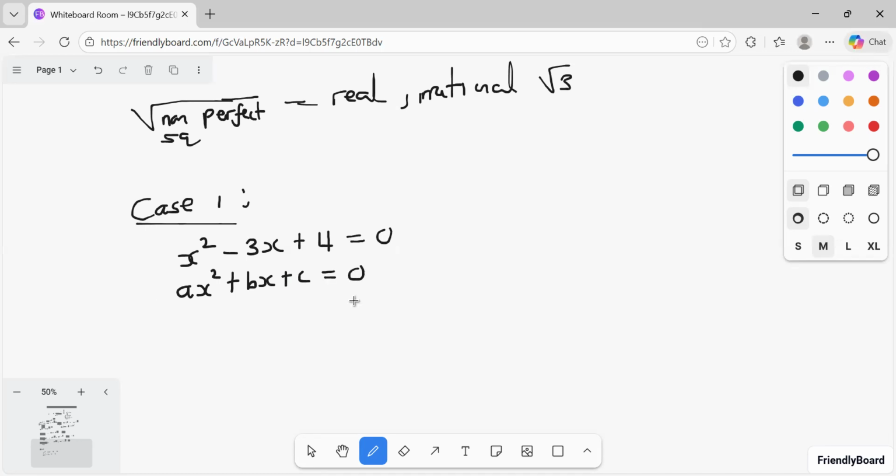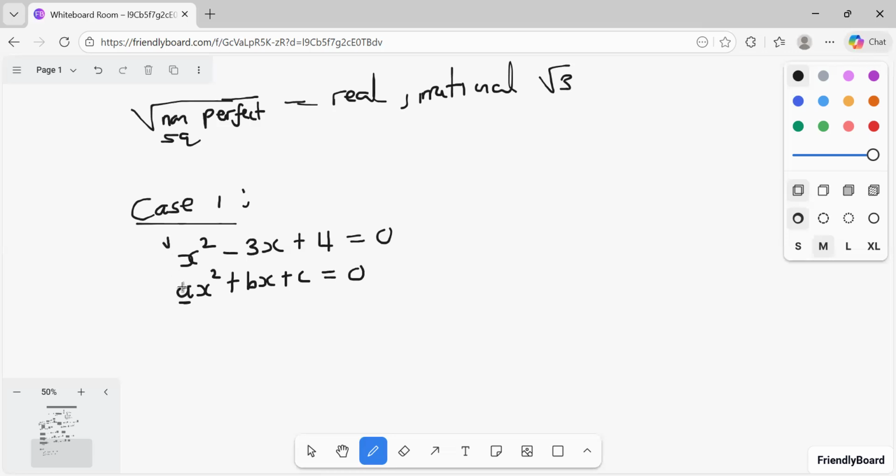This is what we call the standard form of a quadratic equation. So you can see that the quadratic equation is in its standard form. Then I find my a. What is my a? My a is the coefficient of x squared, which happens to be 1.